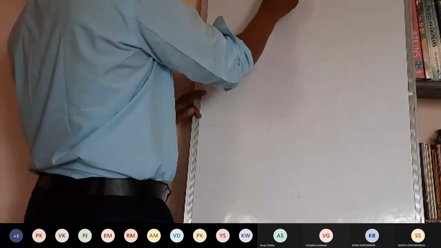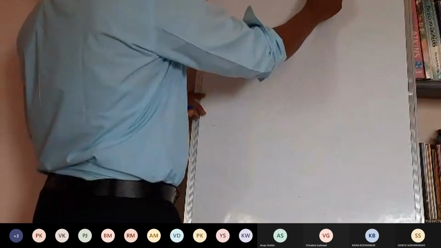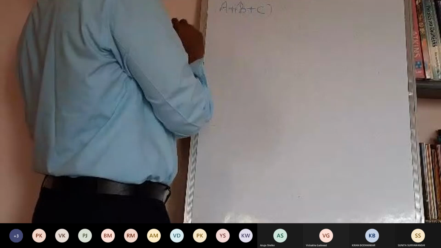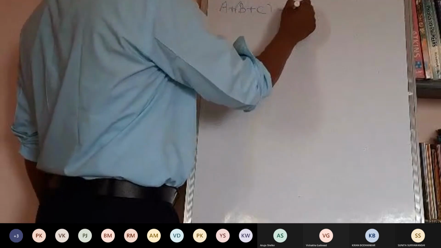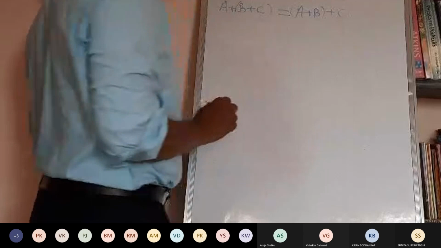In the associative law, first there will be addition and second will be multiplication. So in addition, a plus b plus c, if I have to do this, then it is equal to a plus b plus c.